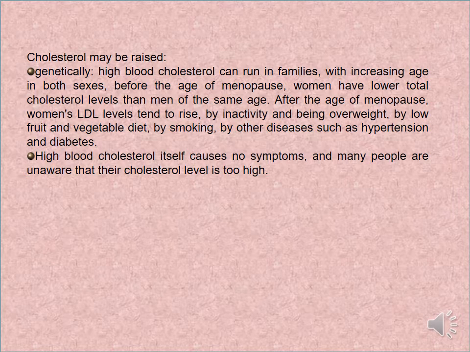Before the age of menopause, women have lower total cholesterol level than men of same age. After the age of menopause, women low-density lipoprotein level tend to rise by inactivity and being overweight, by low fruit and vegetable diet, by smoking, by other diseases such as hypertension and diabetes. High blood cholesterol itself causes no symptom, and many people are unaware that their cholesterol level is too high.